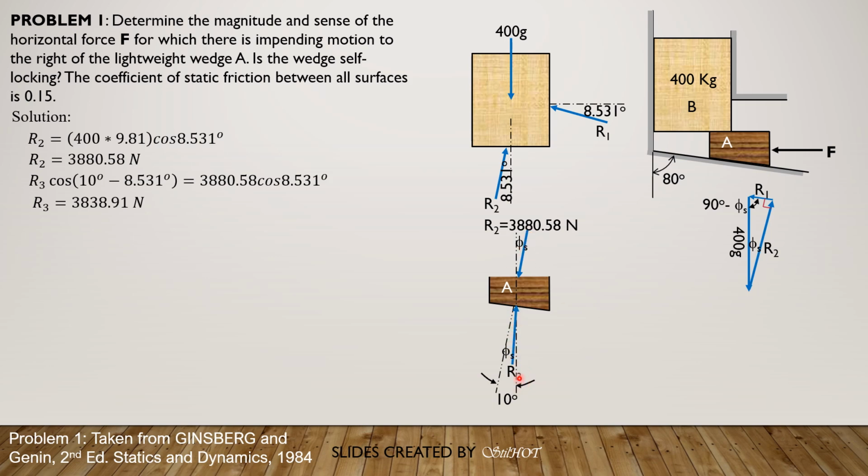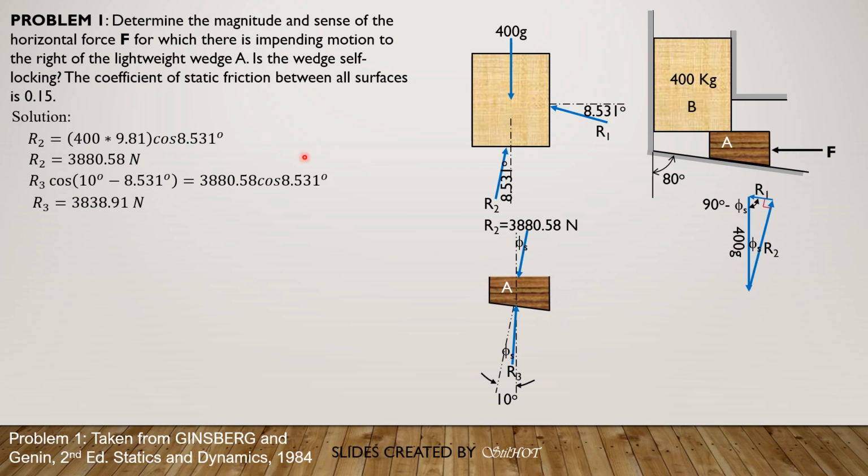Because the x component of R3 is very small to the right, it will be resisted by the higher x component of R2. We therefore conclude that even without this F here, even if we remove this F, the wedge remains at rest.